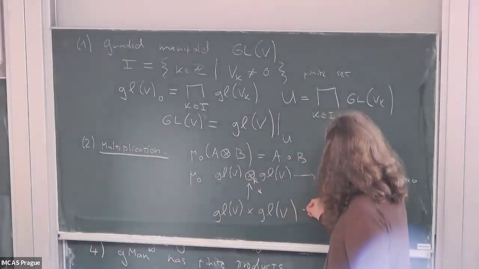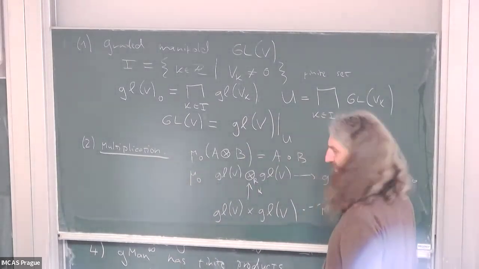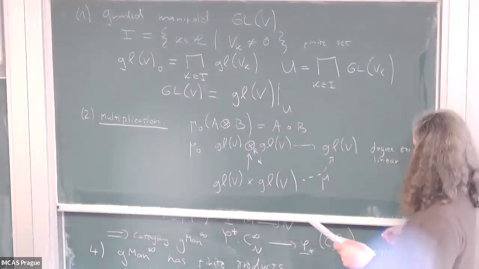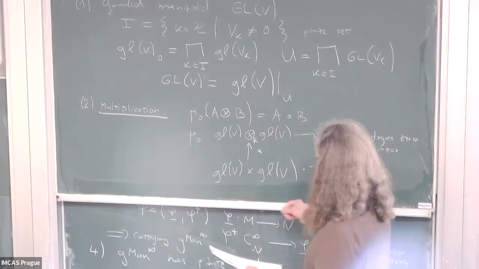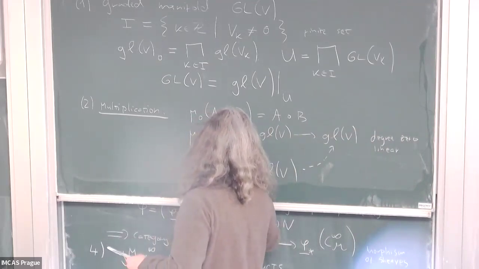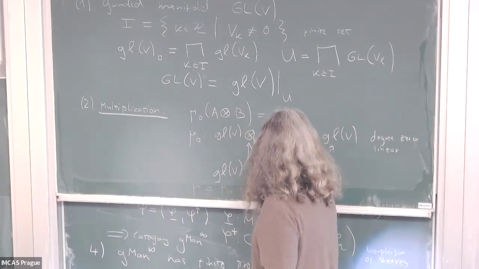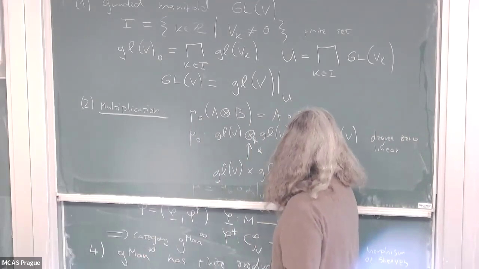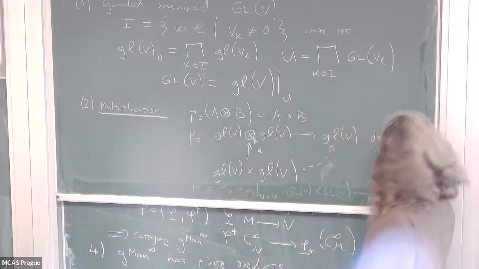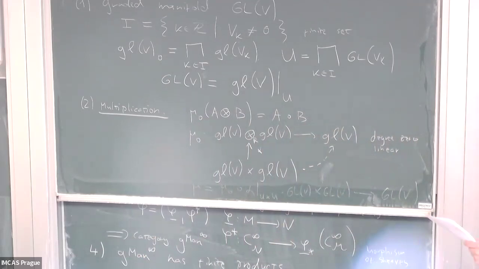And the map obtained by composing those two, you denote by mu. Precisely, you define mu to be mu0 composed with alpha, and you restrict yourself to this open subset U times U. In fact this gives you a map from GLV times GLV, and you have to just verify that it actually ends up again in GLV, but there is a machinery to do that, and you can do that, and this is your multiplication.